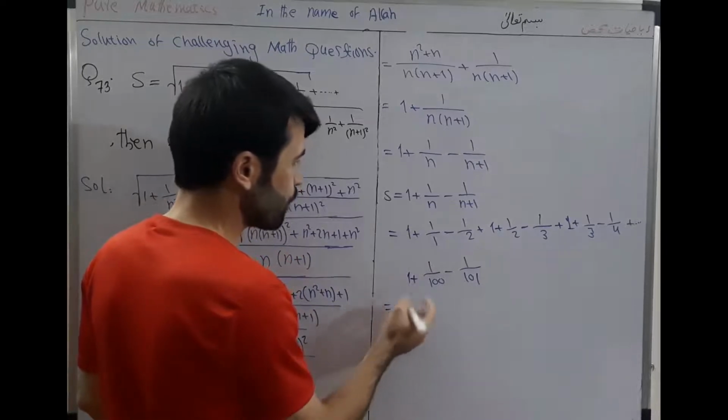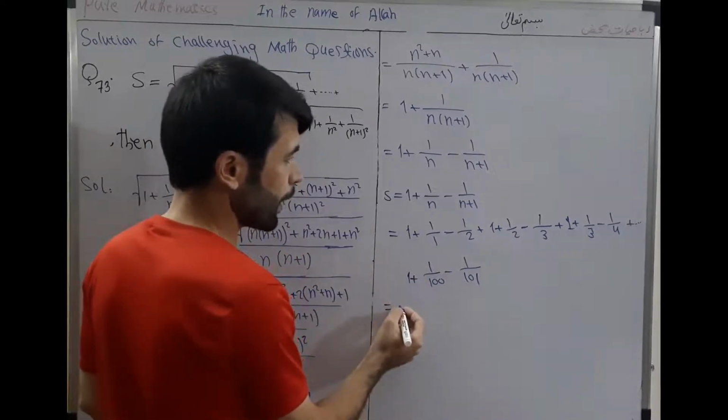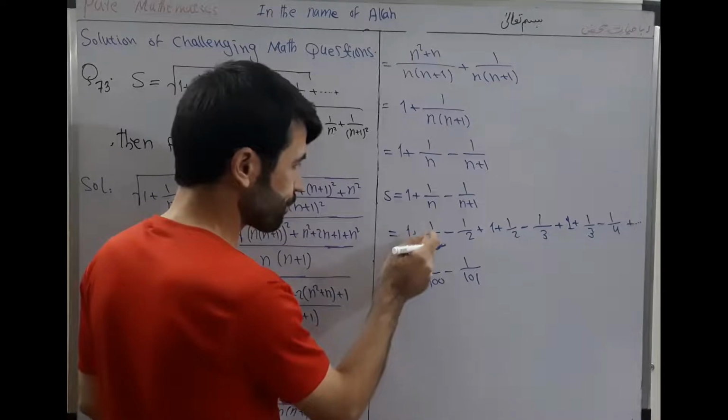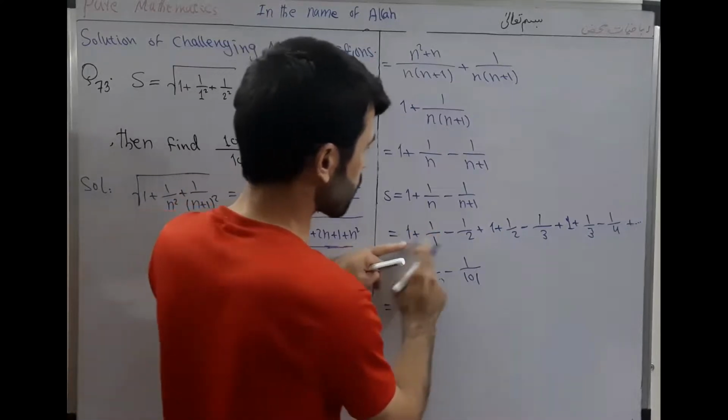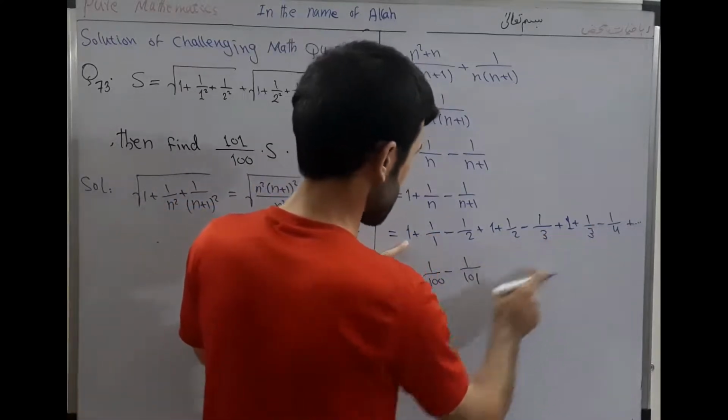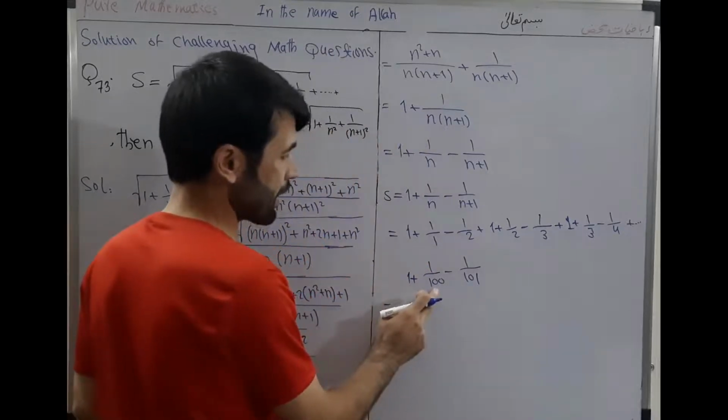It is equal to 1. Here we have 1, 1, 1, 1. How many times? 100 times.